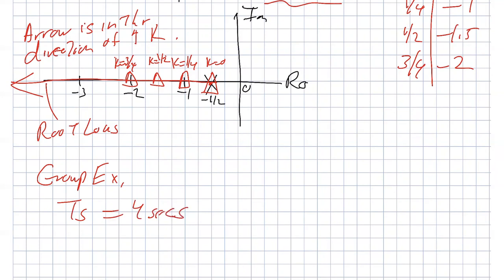What I want you guys to do is go back and use our rules for calculating the settling time and where the closed loop transfer function poles are, and tell me what value of k you need to get a settling time of 4 seconds. All right, so I'm going to pause right now, and we'll get back.